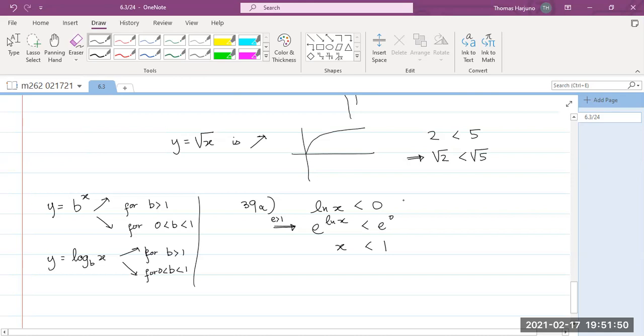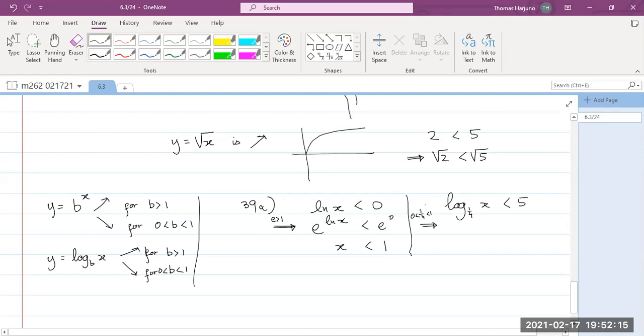Okay, suppose I change the question. Instead, log base 1/4 of x is less than 5, for example. But log base 1/4 is decreasing, right? 1/4 is between 0 and 1, so that log function is decreasing.